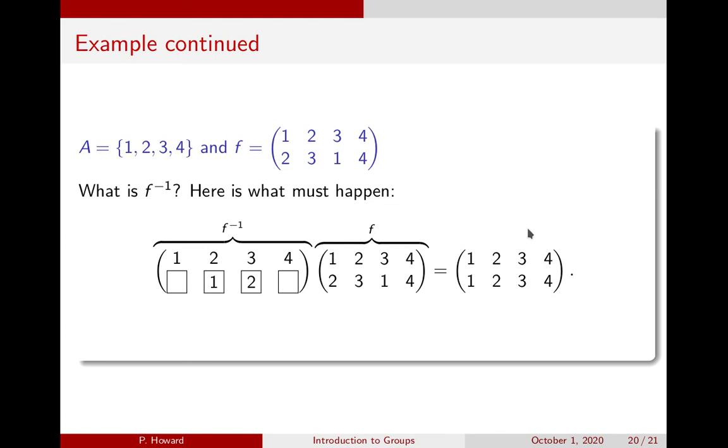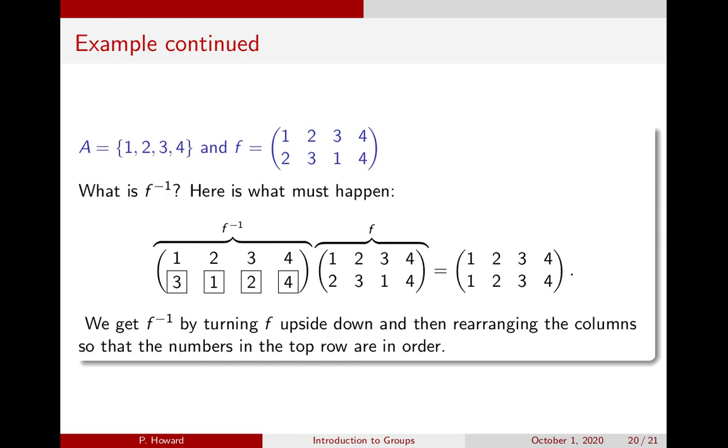Similarly for 3, the composition sends 3 to 3, F sends 3 to 1, so F inverse is going to have to send 1 back to 3, and 4 is going to have to be sent to 4 by F inverse. So essentially what we've done here to get F inverse is turn F upside down, and then rearrange the columns so that the numbers in the top row are in increasing order. I'm not sure that's the best way to look at it, but it is one way.